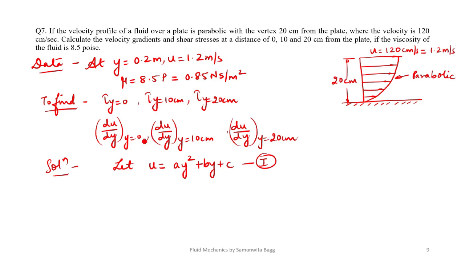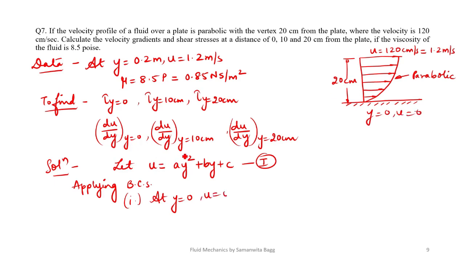Now I need to calculate the value of a, b, c, which are constants. For that I will assume some boundary conditions. So let's start with boundary conditions. We know at y is 0, that is on the fixed end, my velocity will be 0.